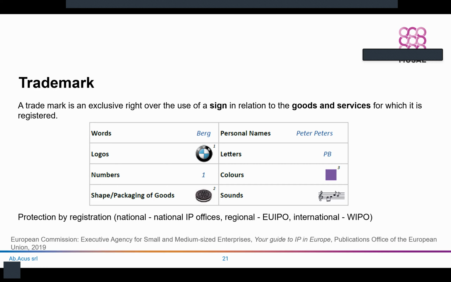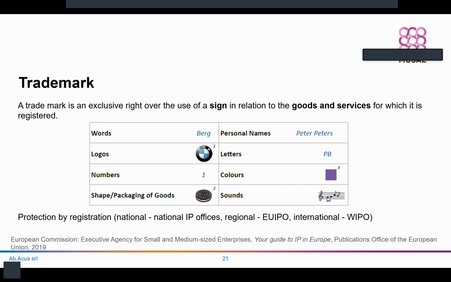And the registration may be national through your national intellectual property office, may be regional, so at the European level, that is the European Union Intellectual Property Office, or international through the WIPO, World Intellectual Property Organization.